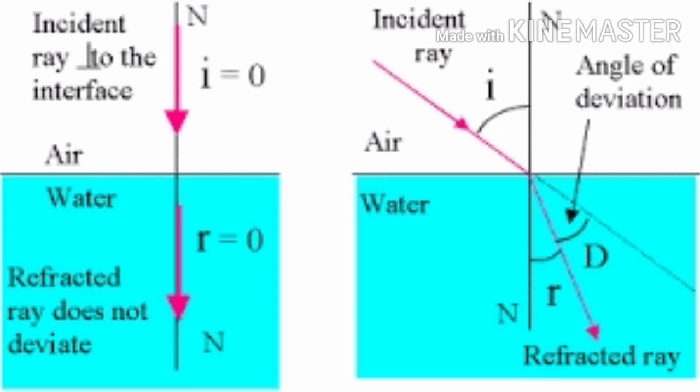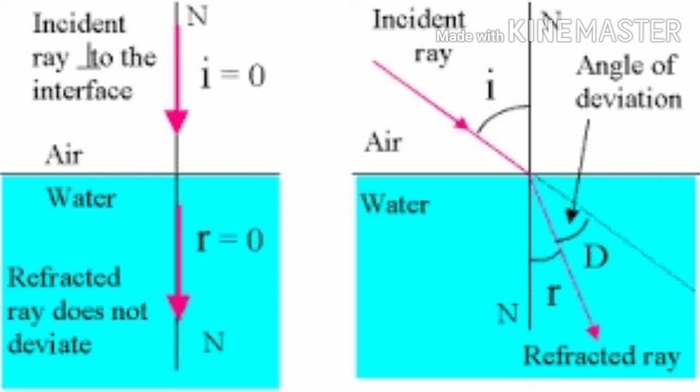So we can say that in an optically denser medium the ray deviates close to the normal, and when the light ray comes from a denser medium to a lower optical density medium, it will go away from the normal.